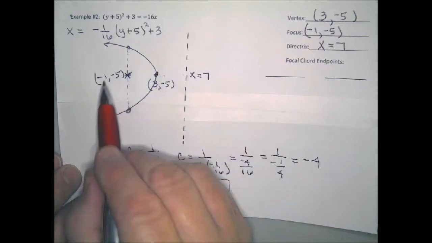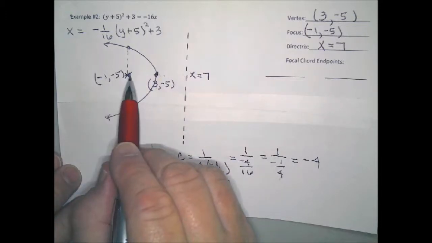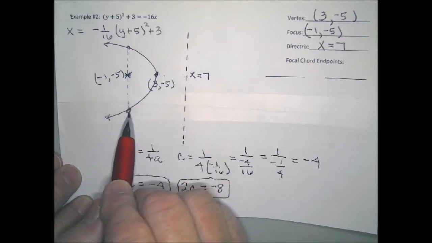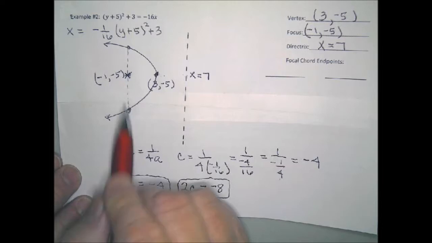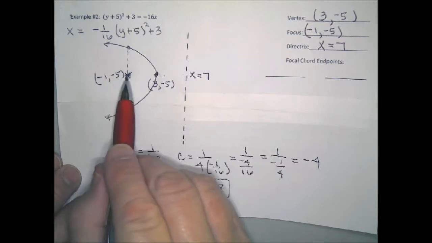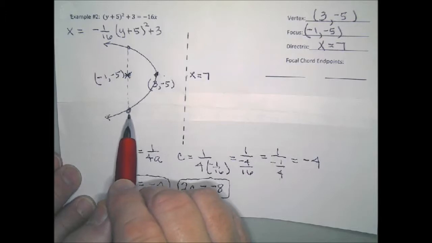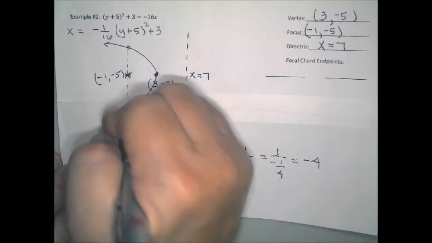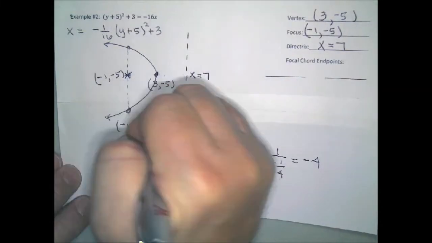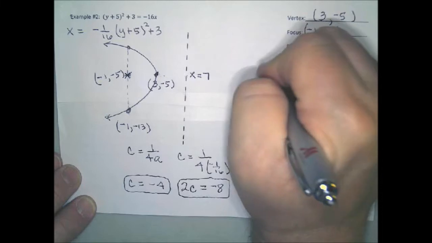So if I was at negative 1, negative 5, and I dropped down 8 units, dropping down would affect the y, and if I'm already at negative 5 and I subtract 8 more, I'm at negative 13. So this would be negative 1, negative 13. That would be one of my focal chord endpoints.